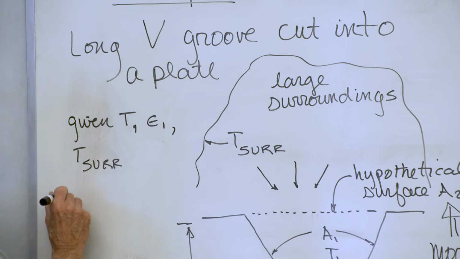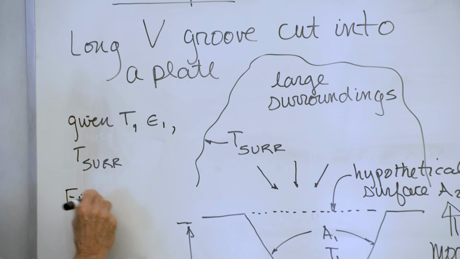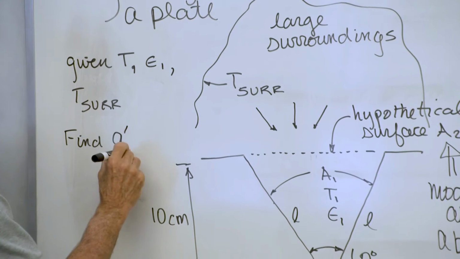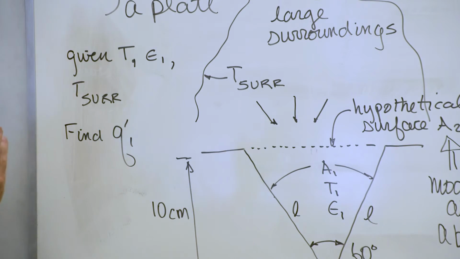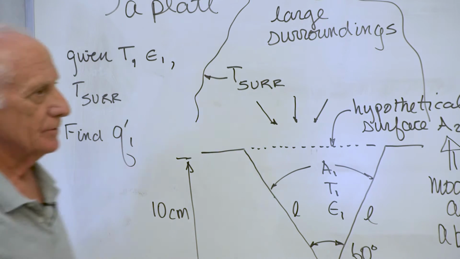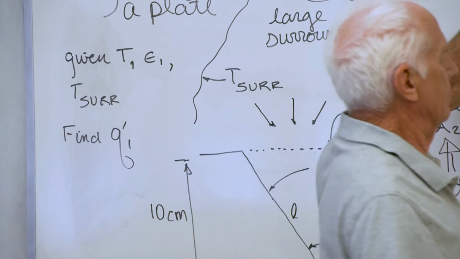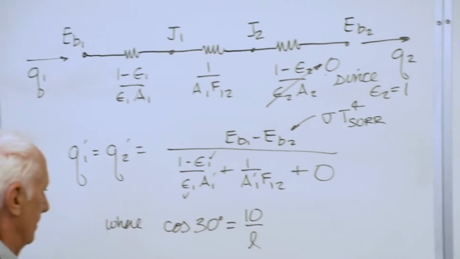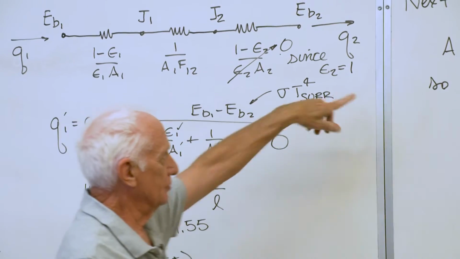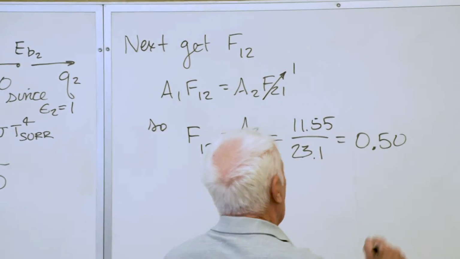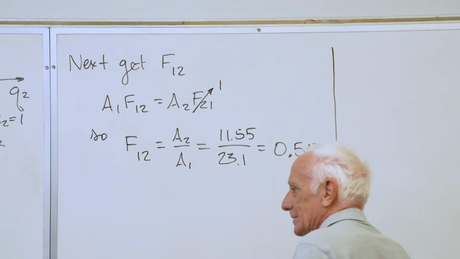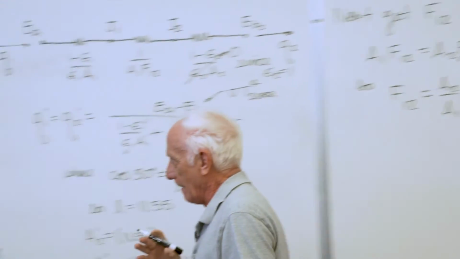Find Q prime 1, for instance. So model it by the resistor network. Do the geometry. Use reciprocity. You got that. Well, if you don't want to do it that way, you can also do it this way.